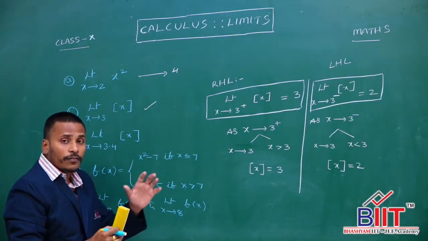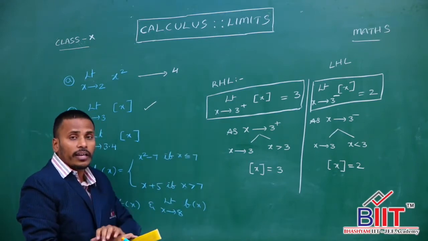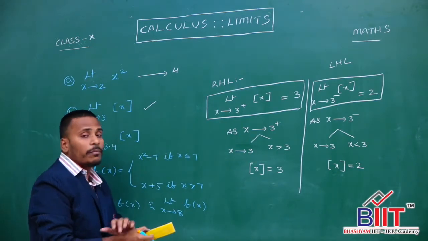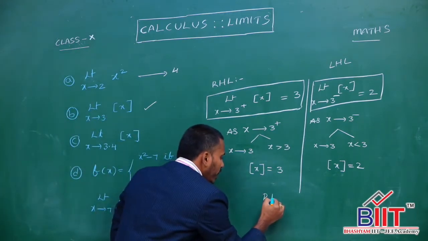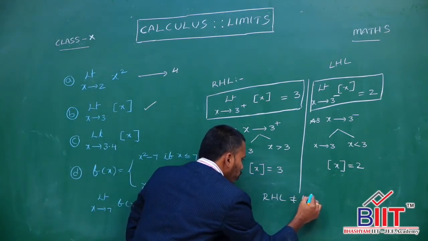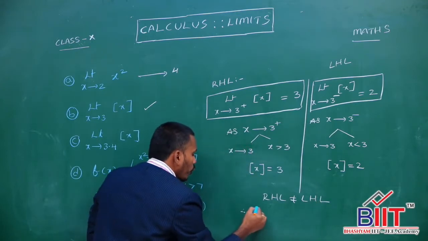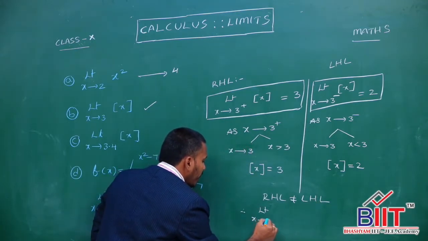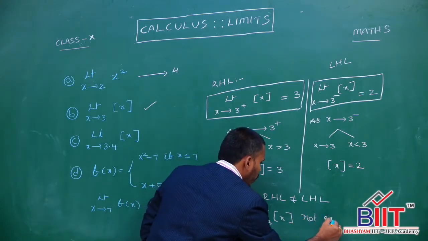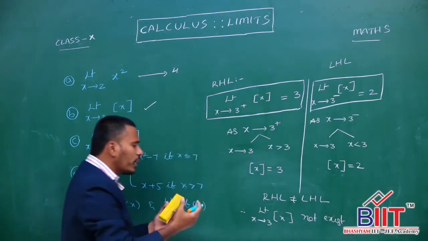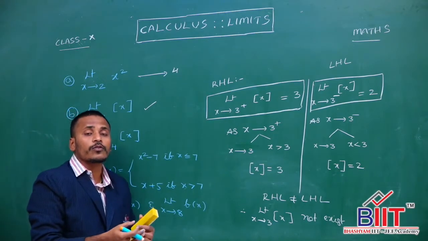So, in this case if you observe, the left hand limit is 2 whereas the right hand limit value is 3, both are not equal. So, the right hand limit is not equal to the left hand limit, and so we say that limit x tends to 3 of step x does not exist because they are not equal, right. If they are equal, then only we say the limit exists for the function.